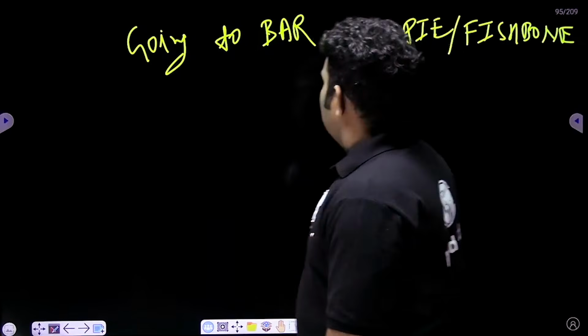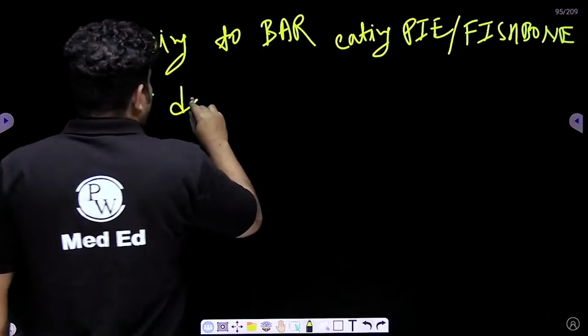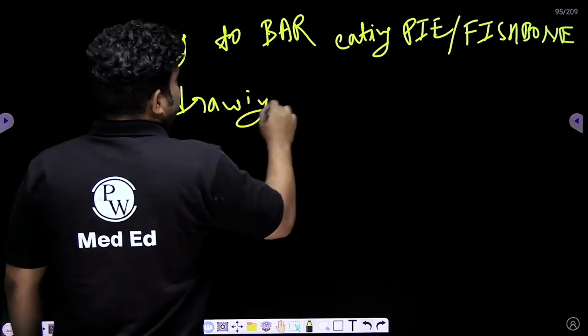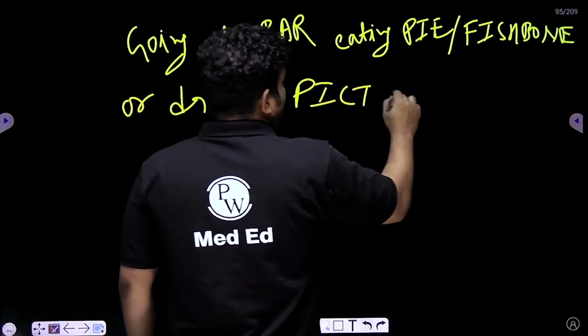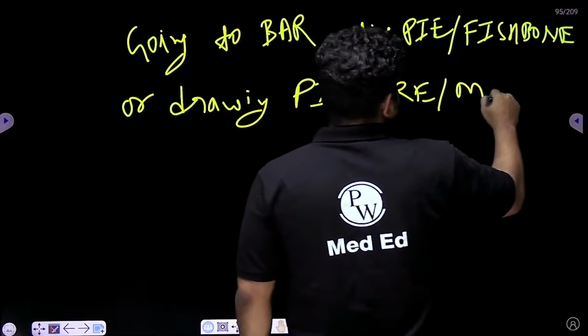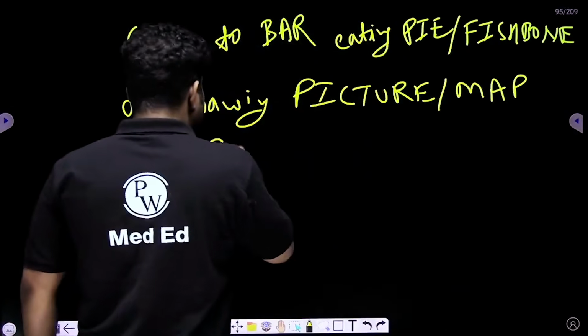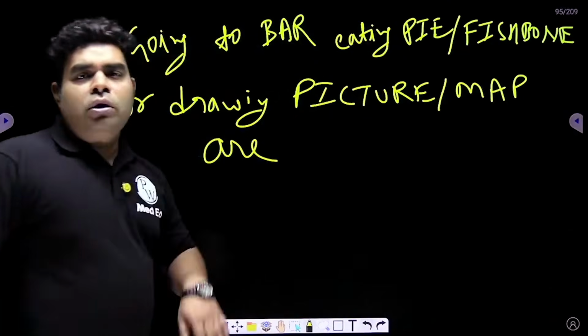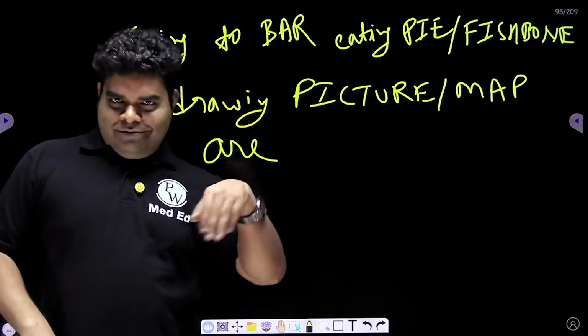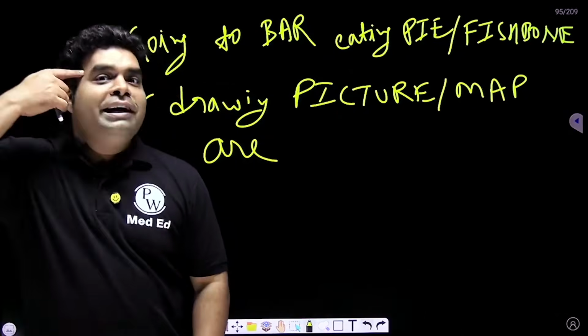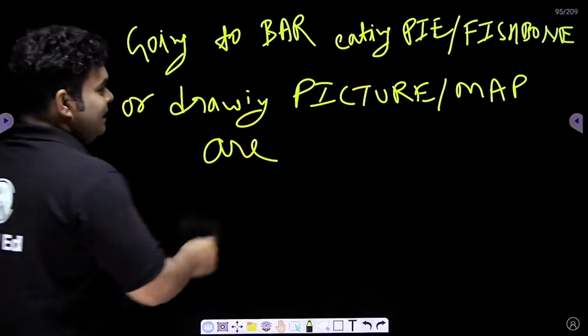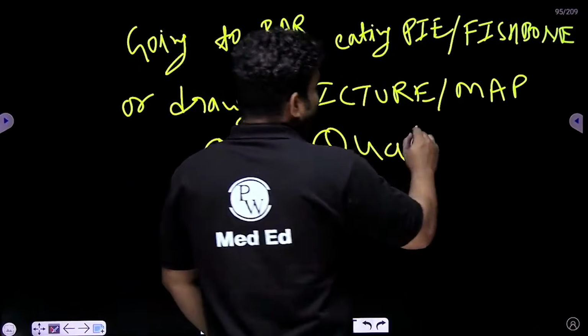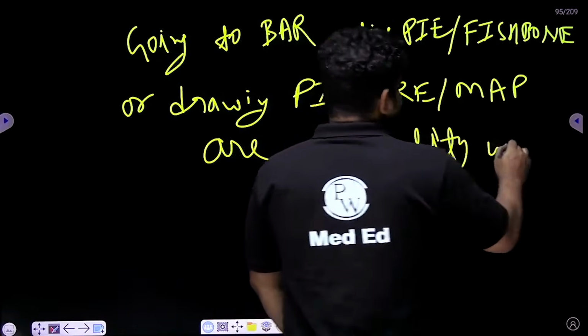No. Or drawing a picture or map in a bar. These are the works which only quality people can do, okay, or quality crack people can do. These are quality work, or qualitative data representation techniques.